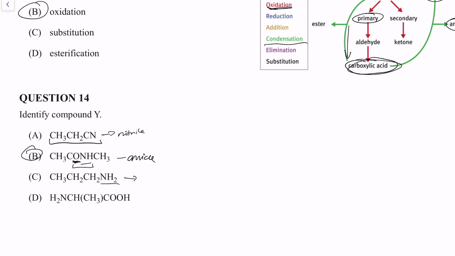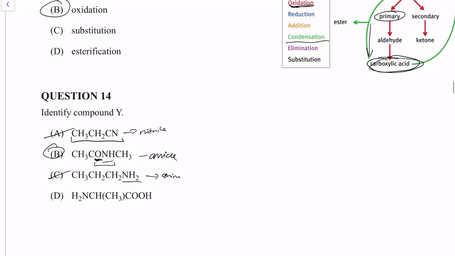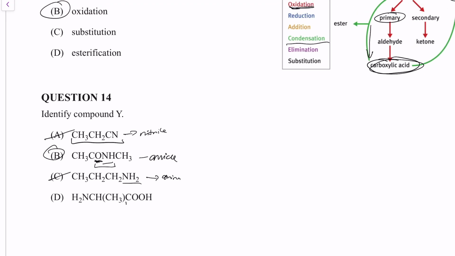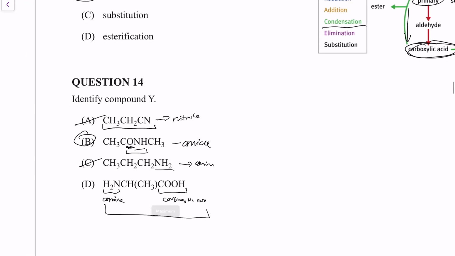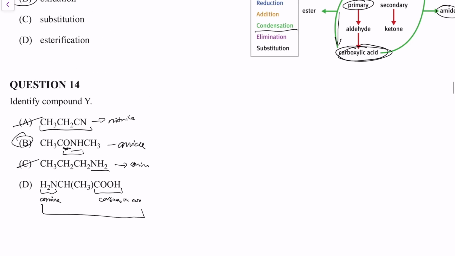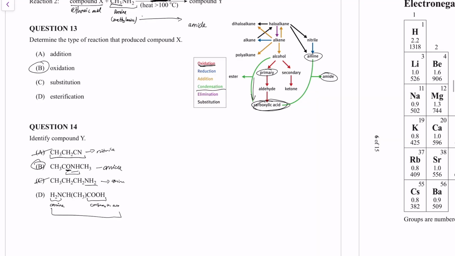This one will also be an amine, so those cancel out. And this one is like a carboxylic acid with an amine. It's not really a well-defined thing we learn in year 12 chemistry. So the best answer is B here.